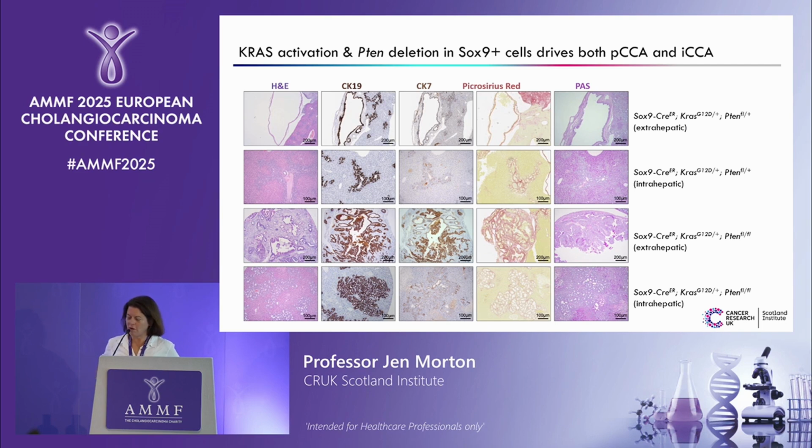When we talked to our cholangiocarcinoma pathology friends, they told us to do these stains, so we did. And you can see both the extrahepatic and intrahepatic in the P10 heterozygotes and the P10 homozygotes. We get really nice induction of tumours that express the markers that we would commonly see in the patients.